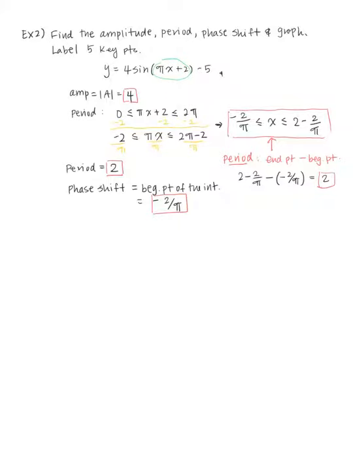Alright, so what I'm going to do is start out with the mother graph. Mother graph should be y equals sine of x. And all I'm looking for is just one cycle.